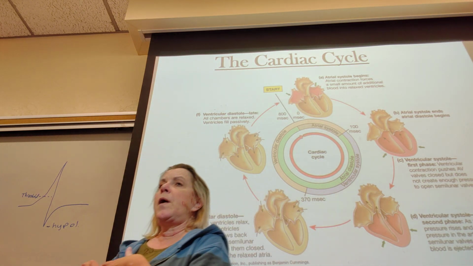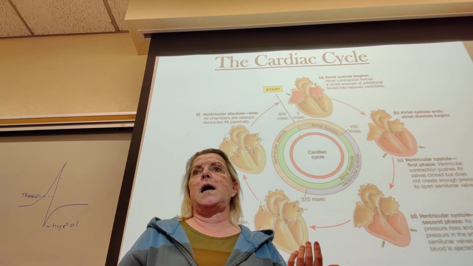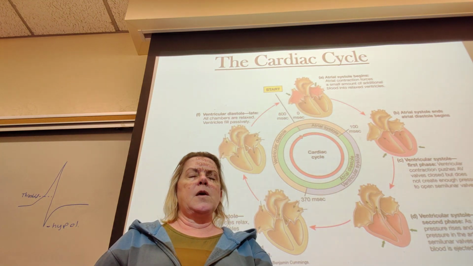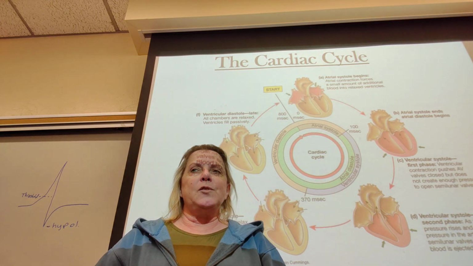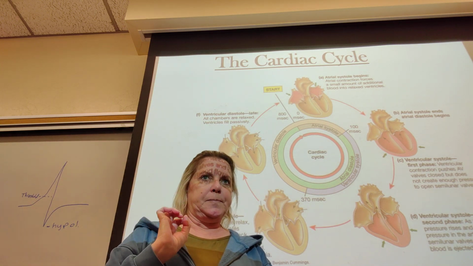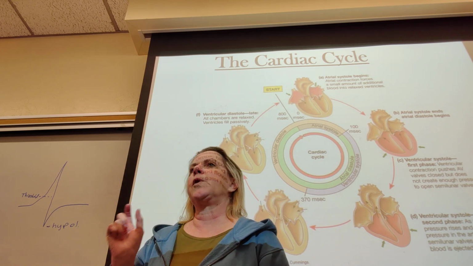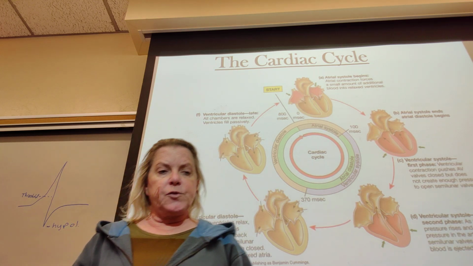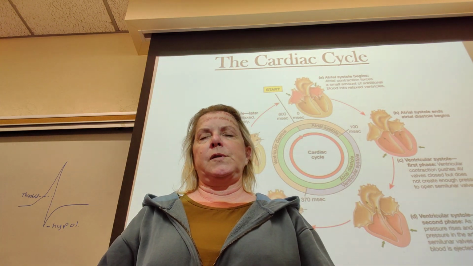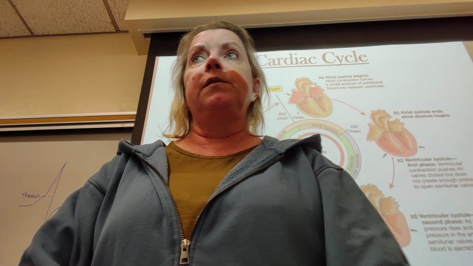So if I want you to consider atrial systole or atrial diastole, I have to add the adjective atrial. Most textbooks do not do that. They just say systole or diastole. If there is no adjective before those words saying if it's atrial or ventricular, you always assume they're referring to ventricular events.